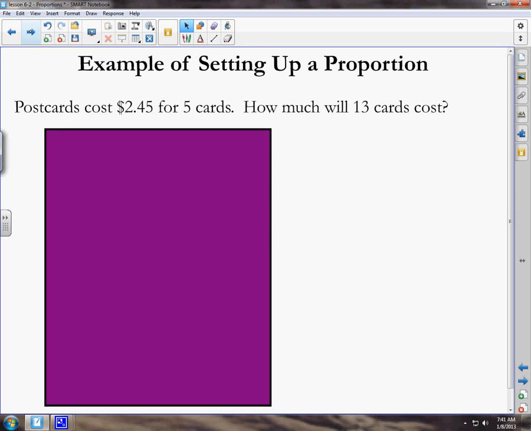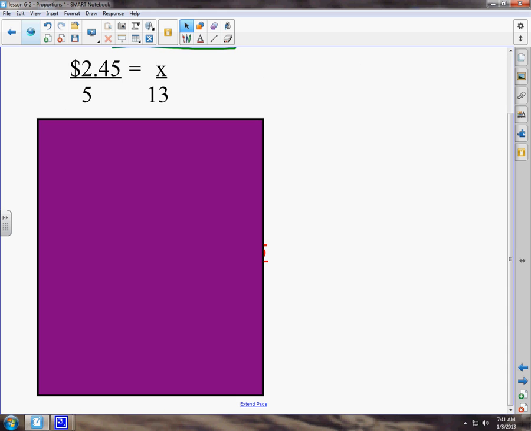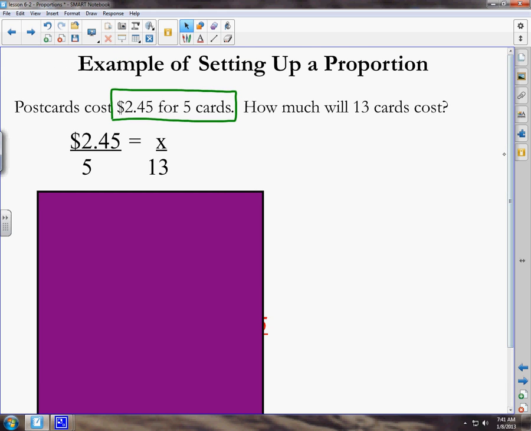Okay, so what this means. Postcards cost $2.45 for 5 cards. How much will 13 cards cost? So what you do is start with what you're given first: $2.45 for 5 cards. So you're going to write that in a proportion, $2.45 divided by 5. And then look at what they give you second. 13 cards.